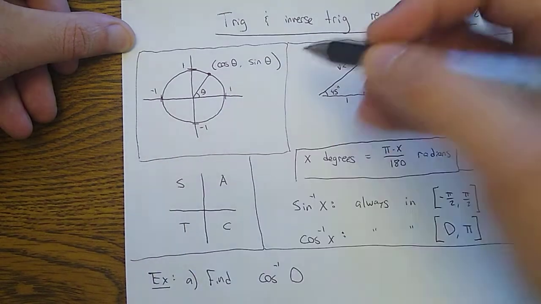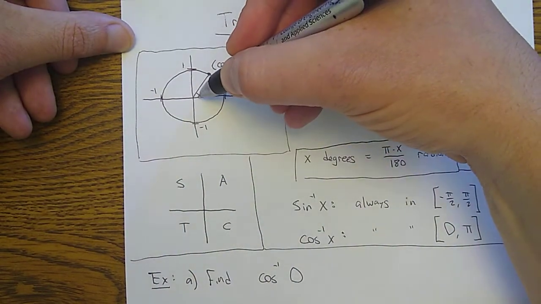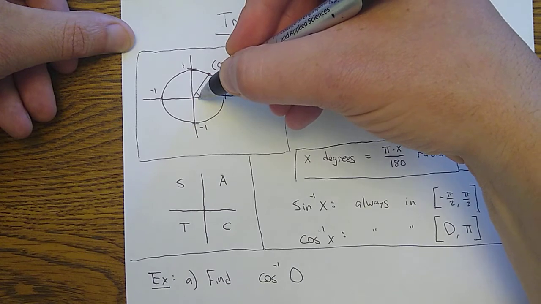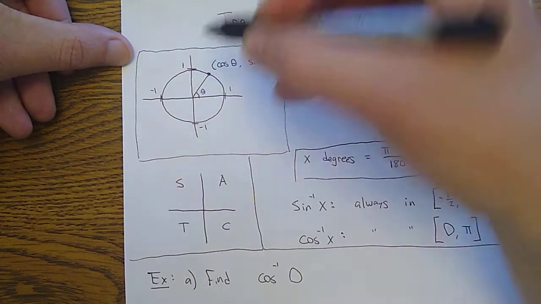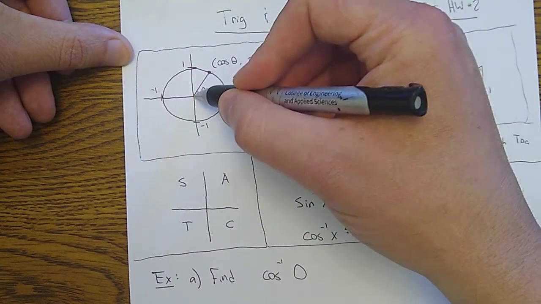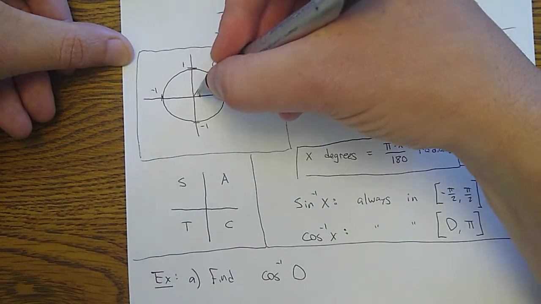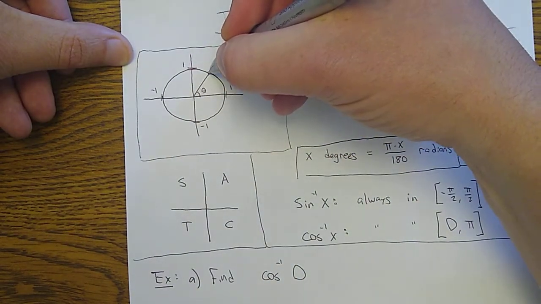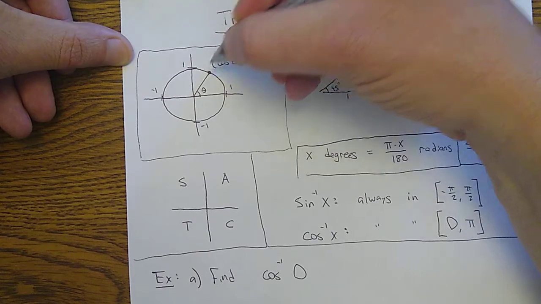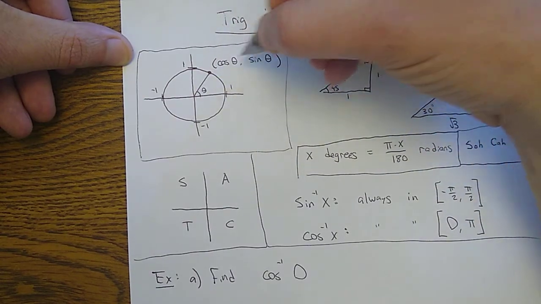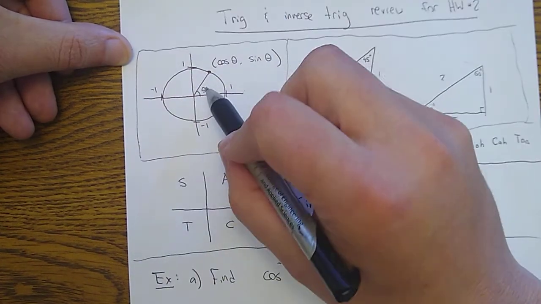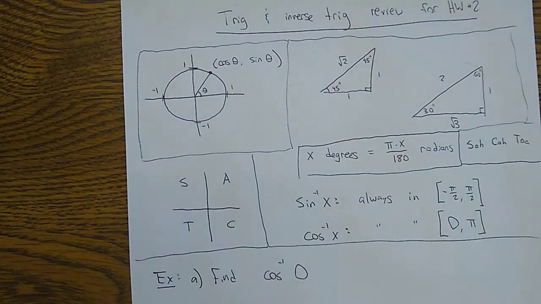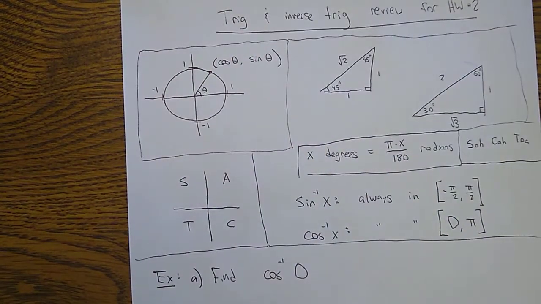We measure the angle starting from the positive x-axis, so it goes from here to wherever it is. You measure whatever angle you like, and if you follow that out to where it hits the circle, the coordinates of this point are cosine theta and sine theta, where theta is whatever this angle is. This picture can help you figure out some sines and cosines.